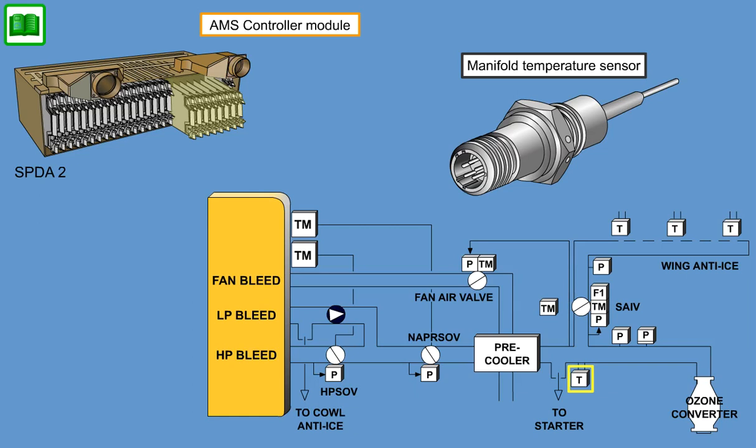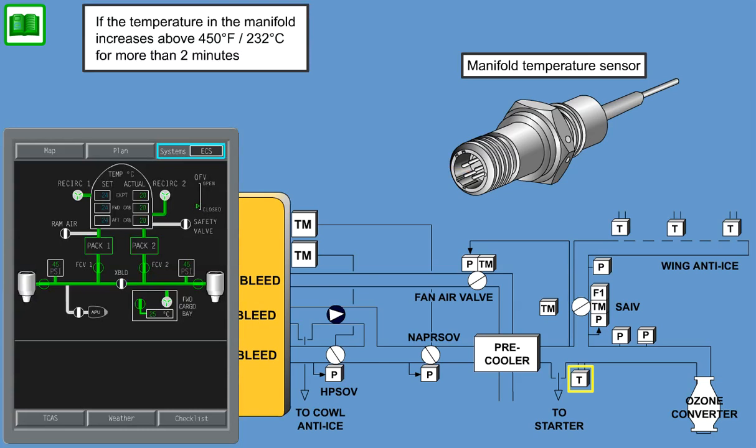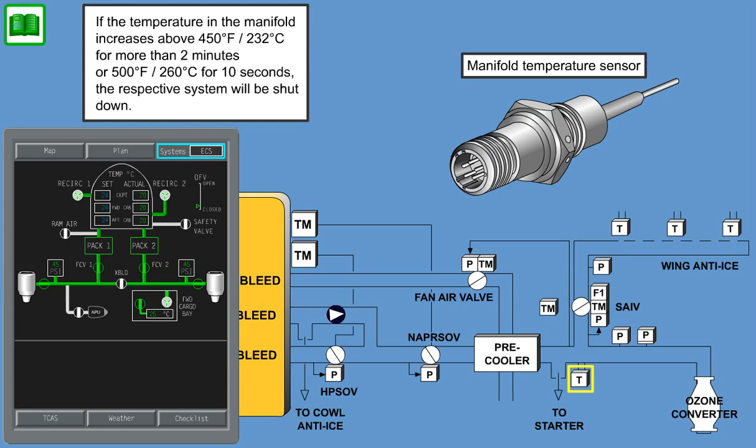The AMS controller determines the bleed manifold temperature by monitoring these voltage changes via ARINC 629 bus. If temperature in the manifold increases above 450 degrees Fahrenheit for more than 2 minutes or 500 degrees for 10 seconds, the respective system will be shut down.